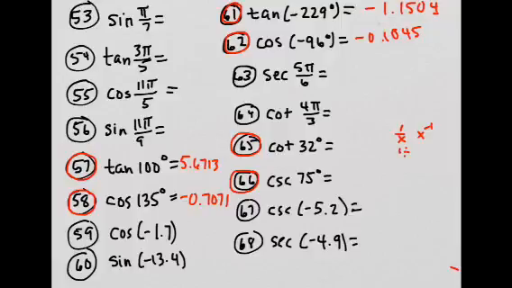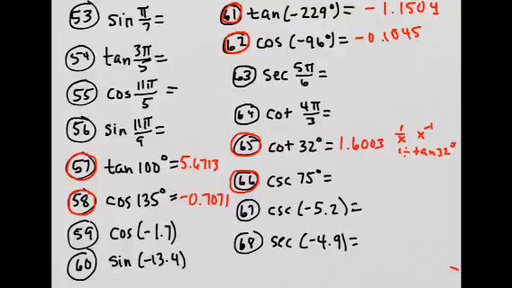Like 65 would be the tangent of 32. So I'm going to find the tangent of 32 and then use the reciprocal button. So the tangent of 32 is 0.6248. I'm going to take the reciprocal of that, and that gives me 1.6003.